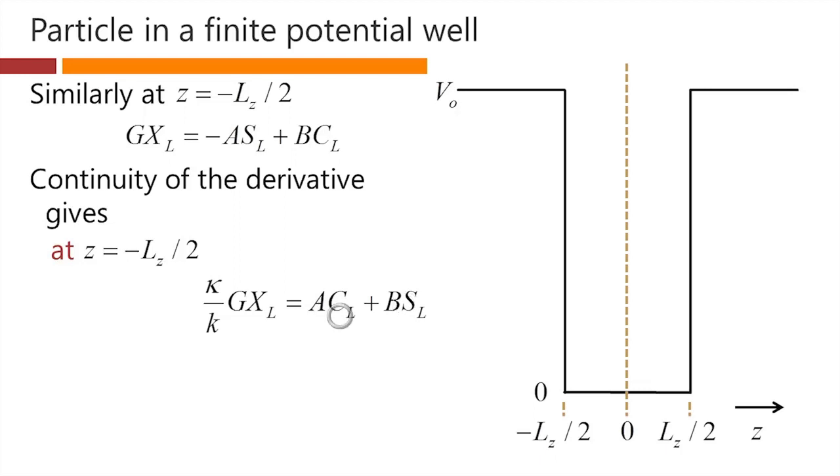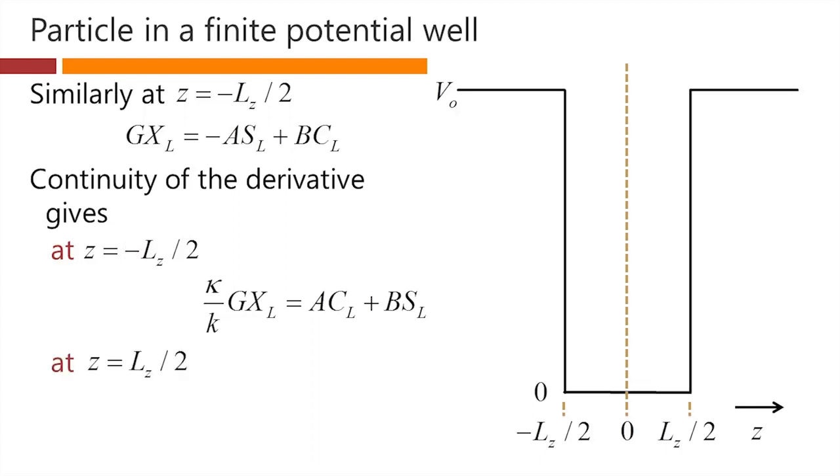Remember, differentiating a sine gives us a cosine. Differentiating a cosine gives us a sine with a minus sign in front of it, but the argument here is minus Lz over 2, so that minus sign combines with the minus sign corresponding to this and gives us a plus sign in here.